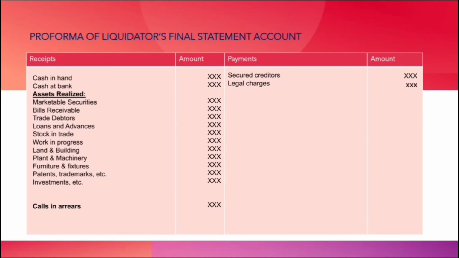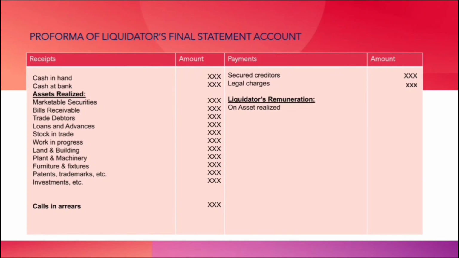After paying legal charges, the liquidator has to pay the liquidator's remuneration. The liquidator's remuneration depends upon the context in which it has been paid. Suppose it may be paid on assets realized.